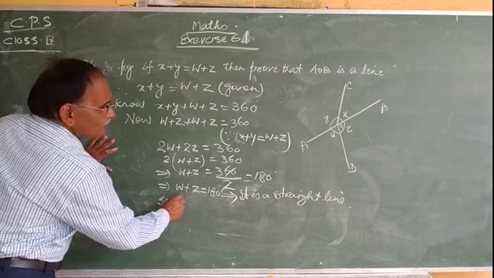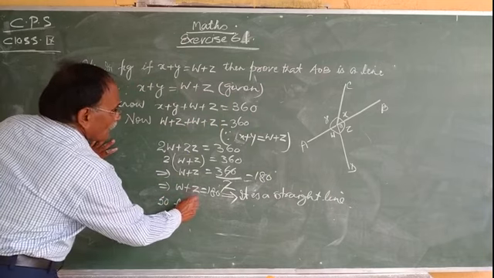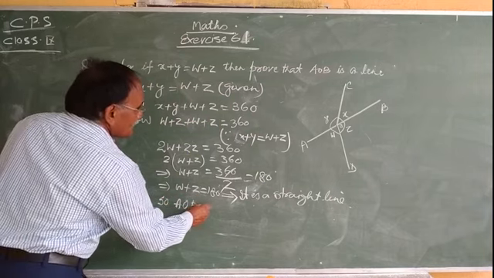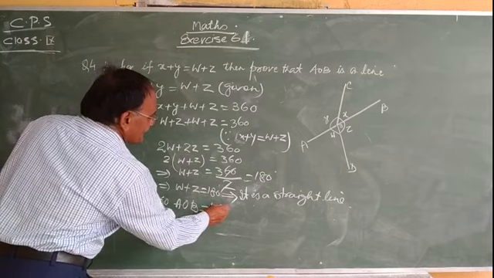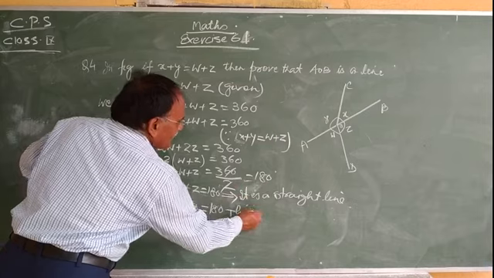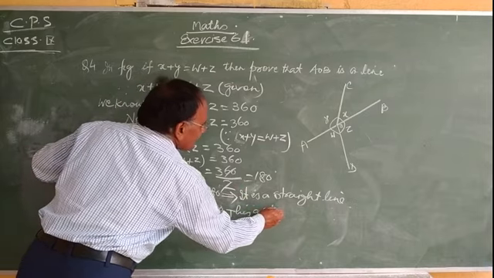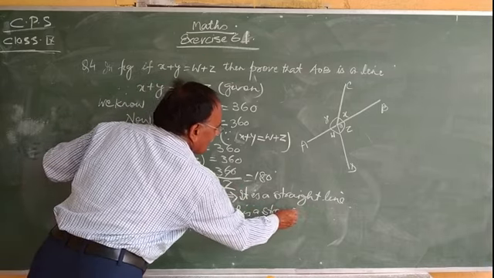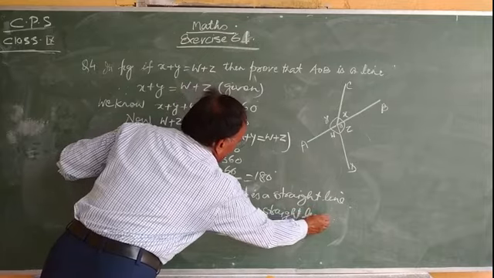So AOB is equal to 180 degrees, and this is a straight line.